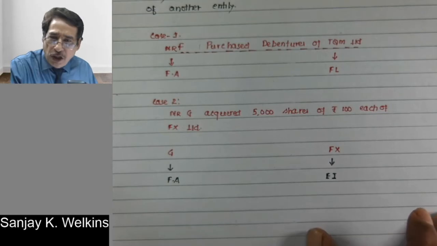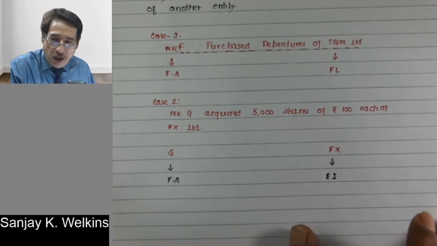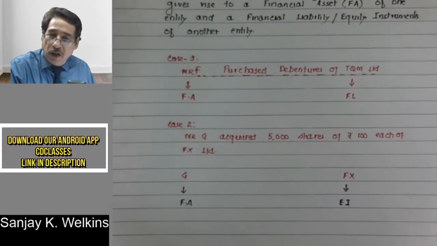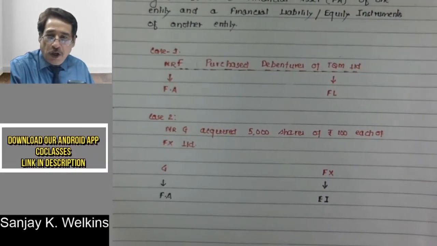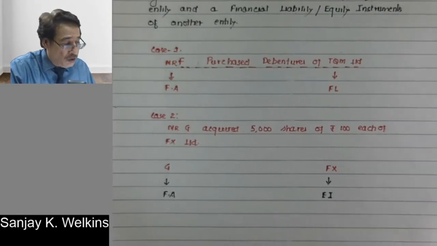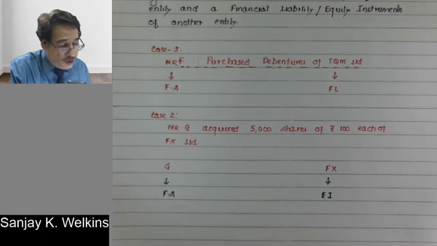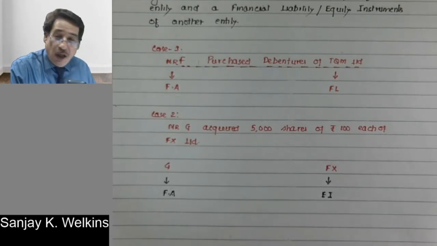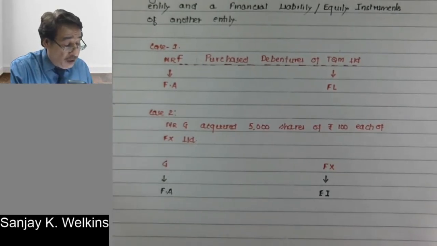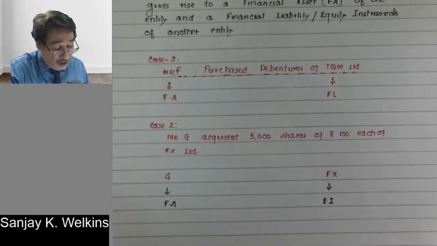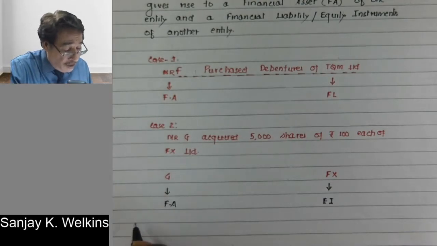Unless you are very clear about the definitions of what exactly financial assets, financial liabilities and equity instruments are, this chapter will become absolutely difficult to grasp. I have seen many students get confused about what exactly financial assets are. That is why I am cautioning you in the beginning itself.